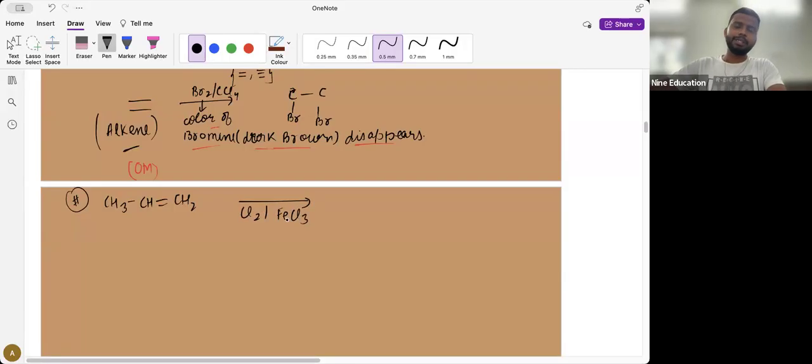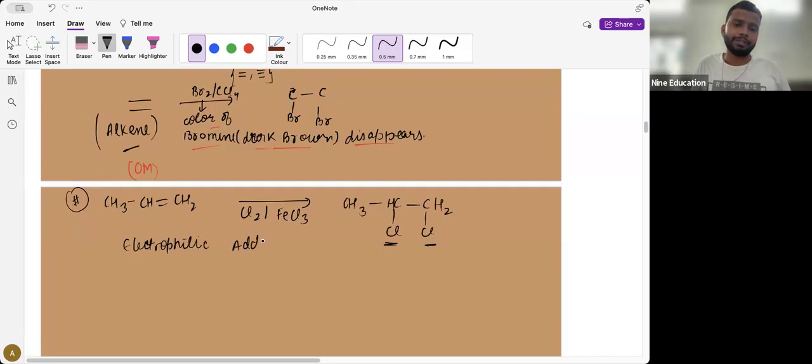When Cl2 in FeCl3 is given, we should know that both Cl will come here and make the addition reaction. Both Cl will come and make electrophilic addition. This is electrophilic addition.